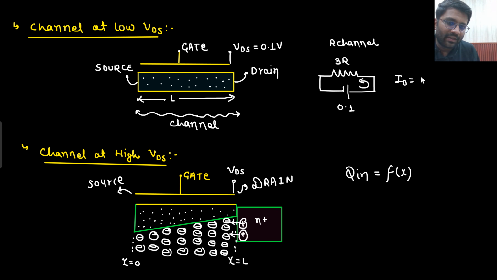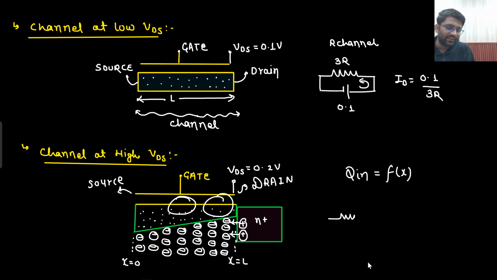Sir, ID current would be nothing but 0.1 by 3R. Now this scenario has happened at 0.2 volt. So now let's talk about the R channel. Sir, in this R channel, this particular resistance was R. Then this was also R and this was also R. Here the resistance was R, R, R. But now, sir, here the resistance is R. But as I move further here, what do I see?